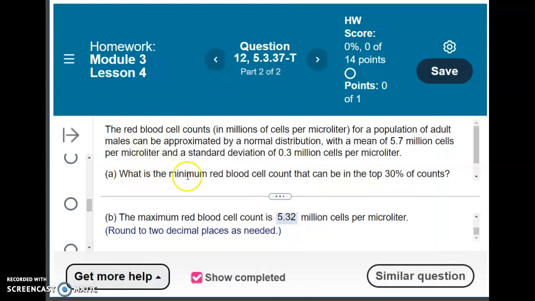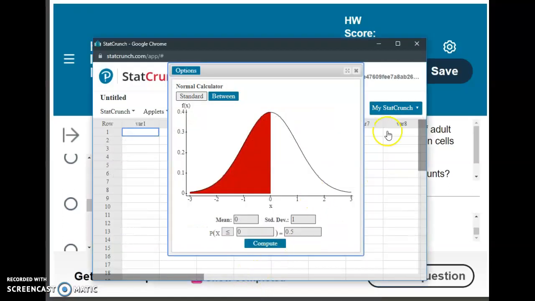So it says, what is the minimum red blood cell count that can be in the top 30% of counts? All right, so in this one, it's not giving you a probability, it gives you a percentage. So this is the number that goes in that last box. All right, so we're going to put 0.3 in here.